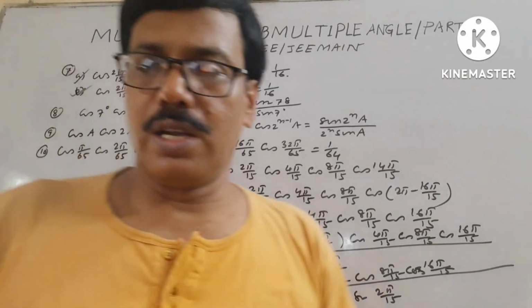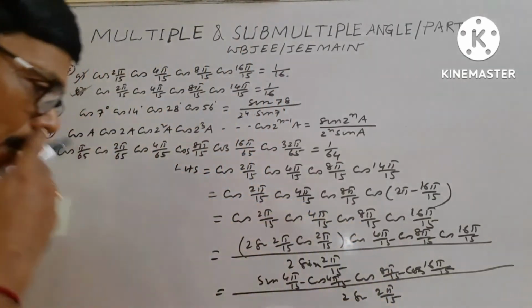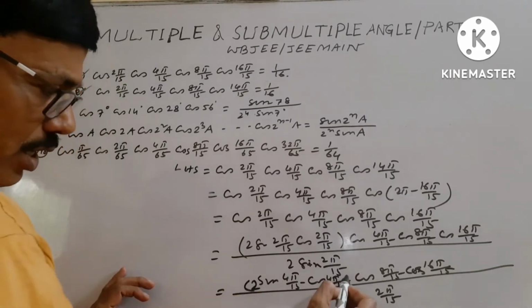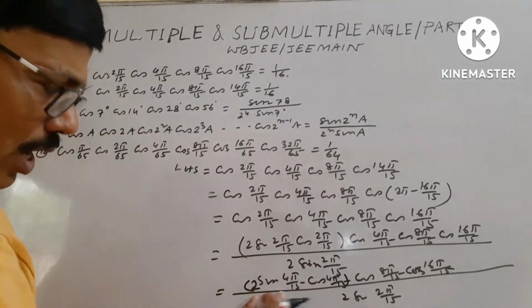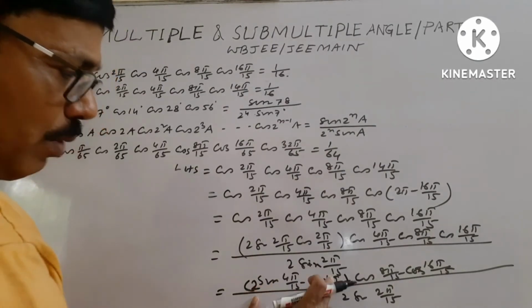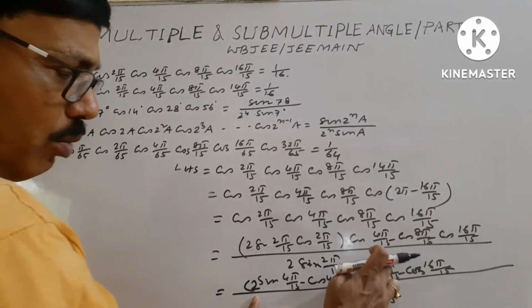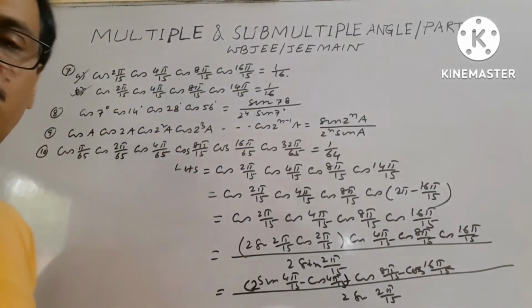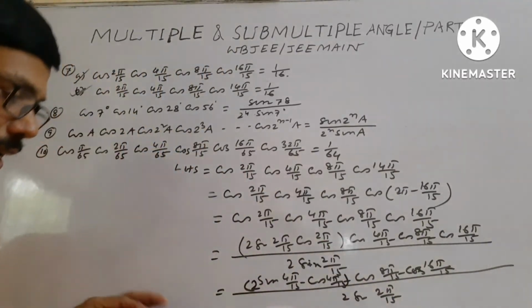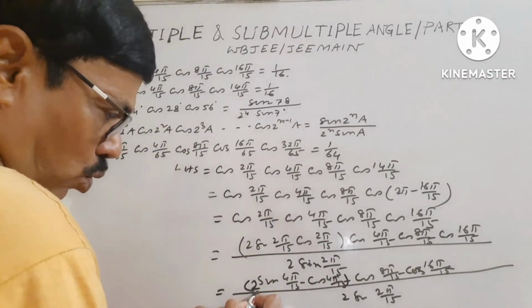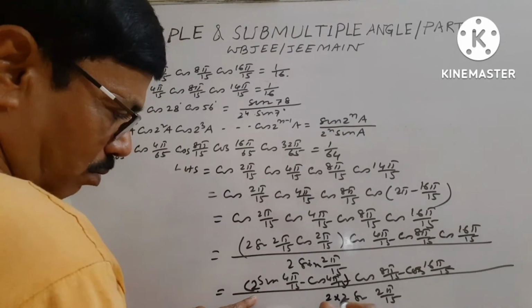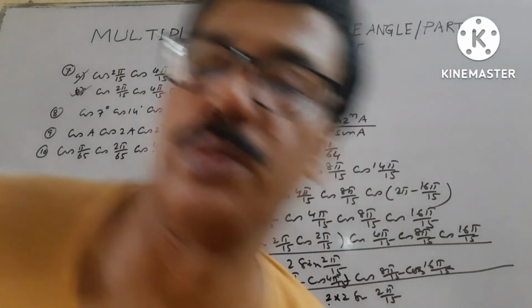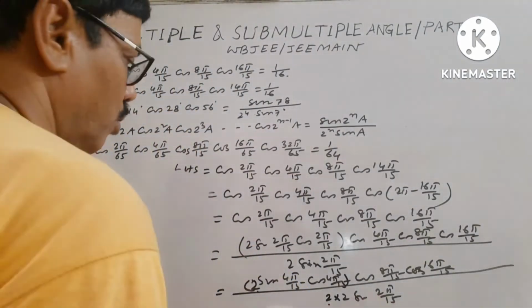An interesting observation: again taking 2 sin a cos a, you get sin 8 pi by 15, and you can make the formula with the 8 pi by 15 and so on. In the next step, we have to balance it by 2, so balance the numerator and denominator by 2. This step is to be noted.